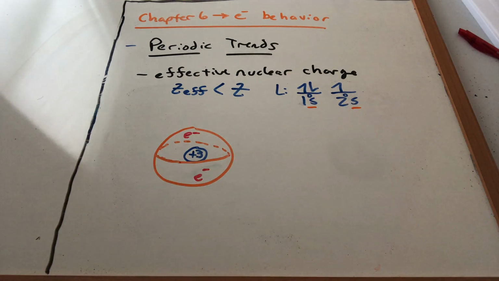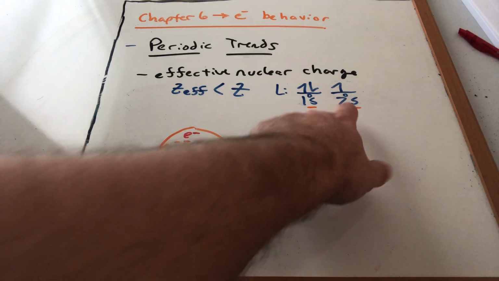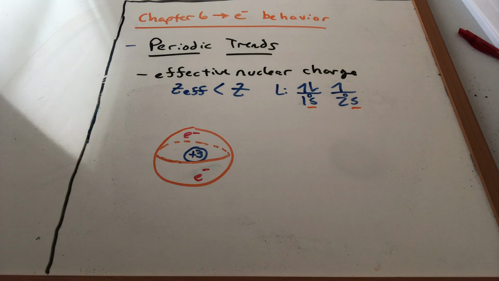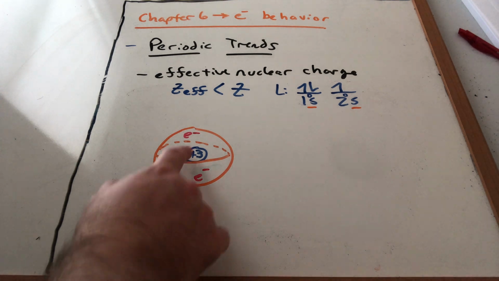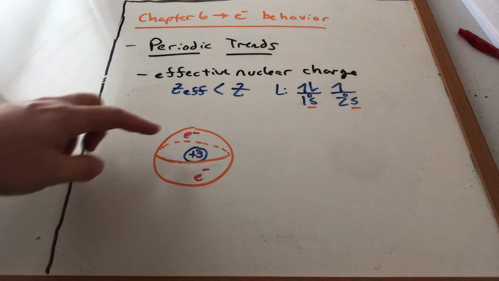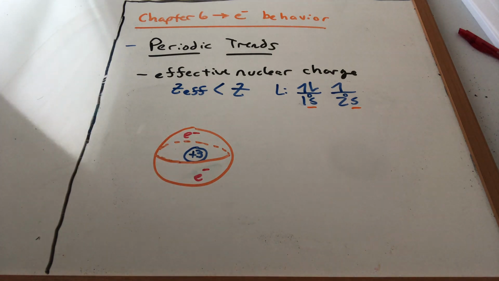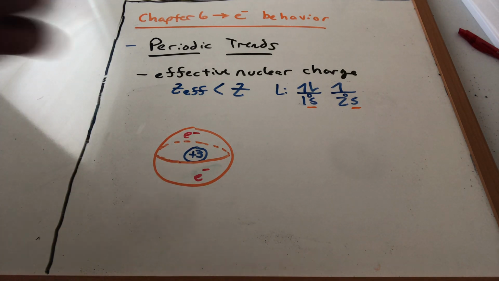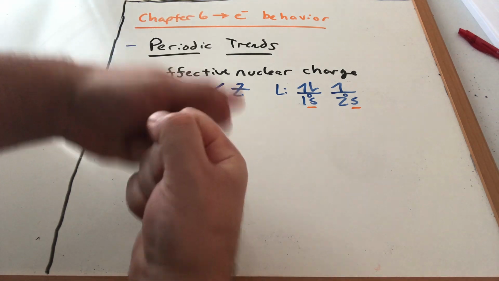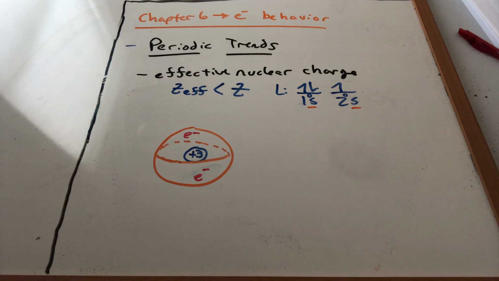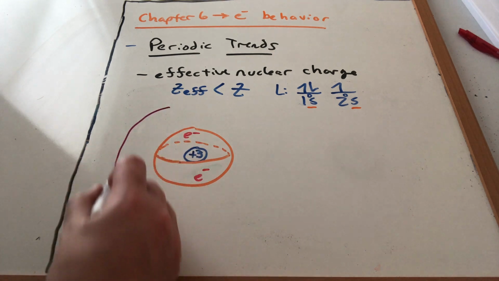Now, the 2s electrons are at a higher energy, and we know that because they have a higher n. Now, what does a higher energy mean for things that are charged? Remember, low energy is when negatives and positives are really close to each other. A positive object and a negative object attract. They want to be stuck together. So the closer, the better. So the 2s looks like a sphere, but a bigger sphere.